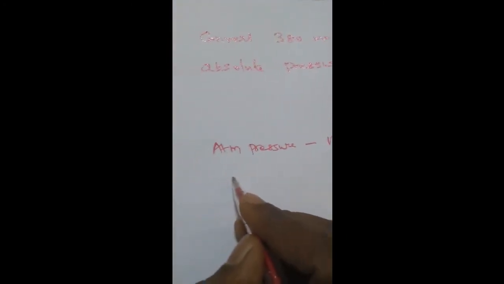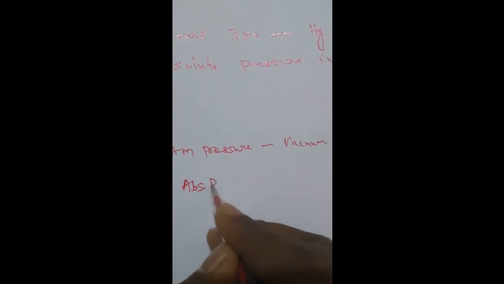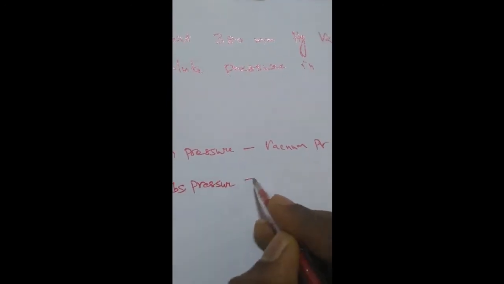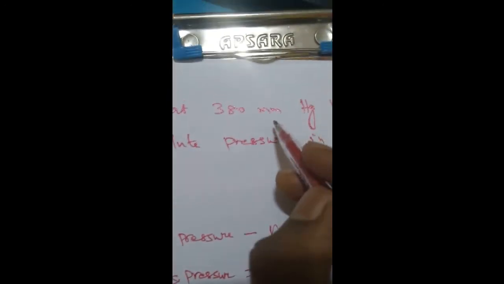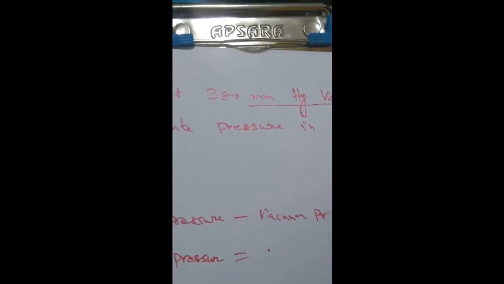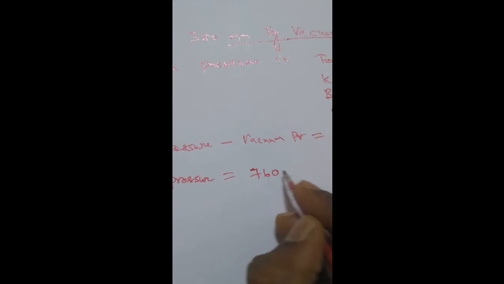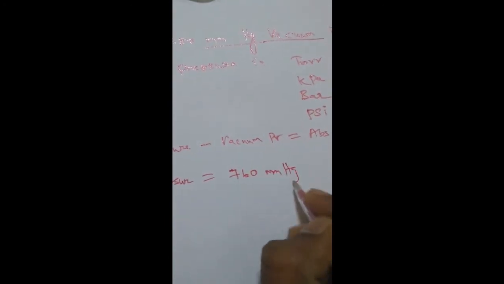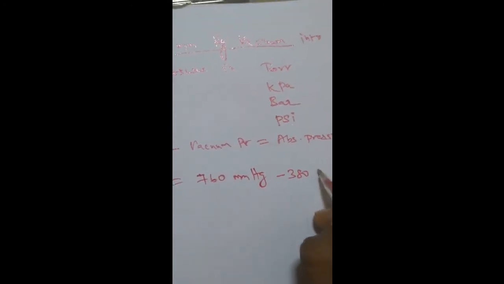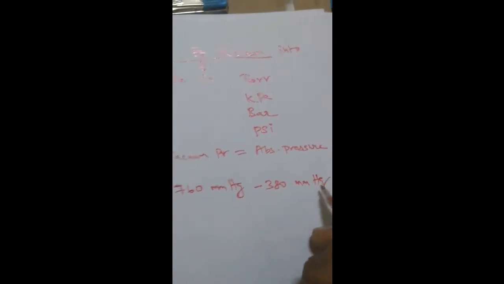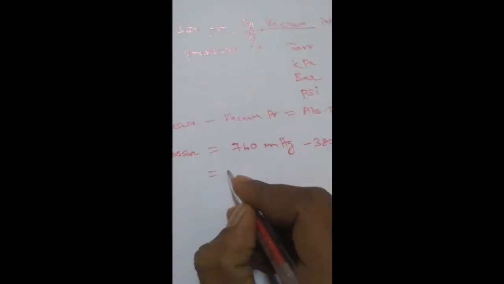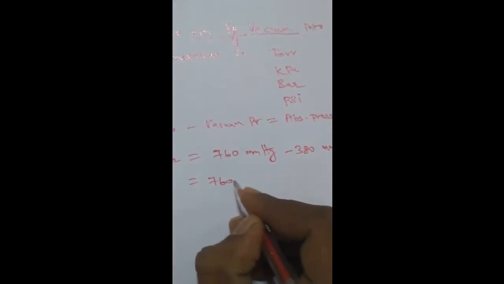So to get absolute pressure, it is given in mm mercury vacuum. What is the atmospheric pressure in terms of mm mercury? It is 760 mm mercury minus 380 mm mercury, which is 760 minus 380.